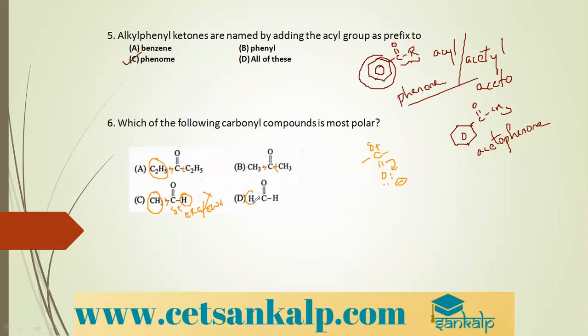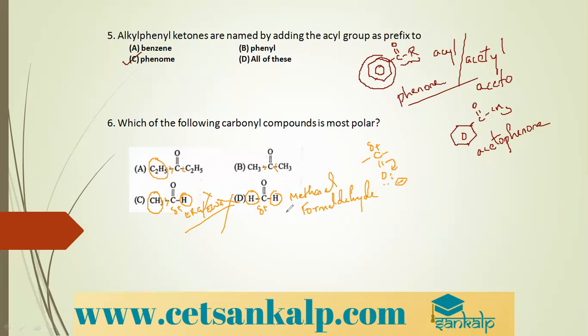But if you look at this example, what is this example? It is methanal, or you can call it formaldehyde. Formaldehyde is having hydrogens attached to the carbonyl carbon, both hydrogens. Hydrogens are neither electron releasing groups nor electron withdrawing groups. So electron density remains the same on the carbon. So this becomes most polar.